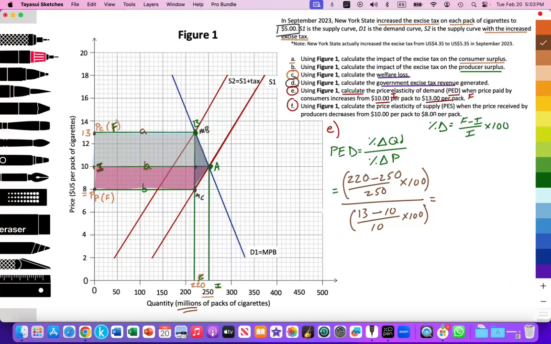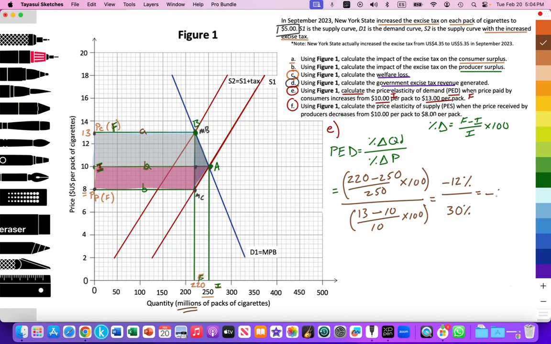All right, and that will give me the PED value. If you work that out, 220 minus 250 divided by 250 times 100 equals negative 12%. That's the change in the quantity. Quantity demanded has decreased by 12% over a 30% increase in price.